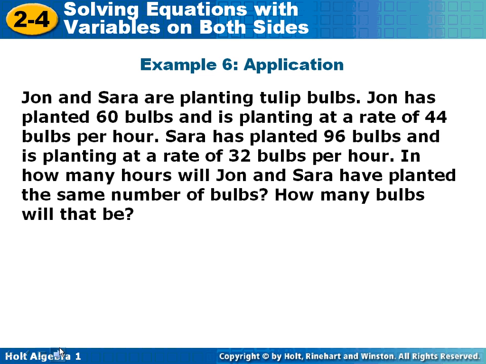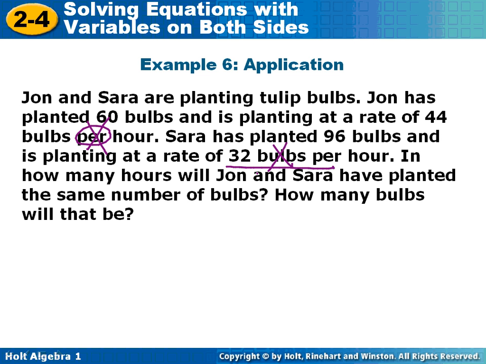All right, this looks like fun. We have John and Sarah, and they are planting tulip bulbs. John has planted 60 and is planting at a rate of 45 bulbs per hour. Now, when you see the word per, that's where your x is going to go. Sarah's planted 96 bulbs and is planting at a rate of 32 bulbs per hour.